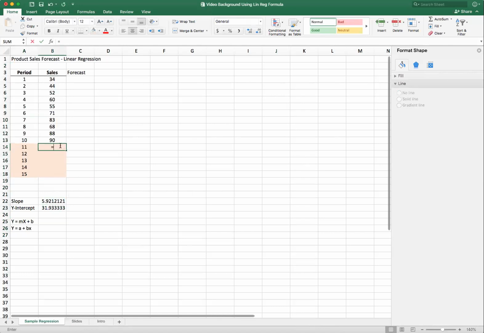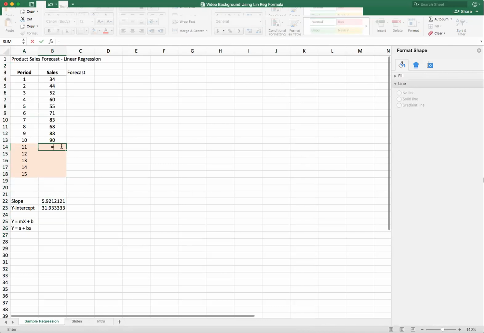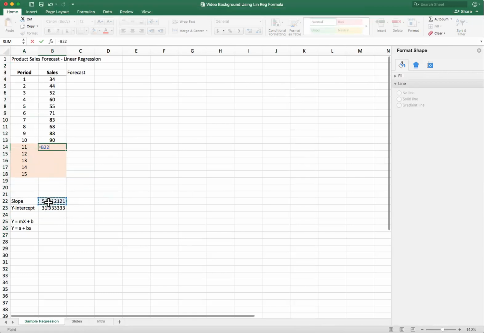So again, our y value is equal to, in this case, our slope times period 11. And we're going to add in there our y-intercept. And guess what? 97. So we come to the exact same values that we did when we displayed the graph and did the whole thing, okay?